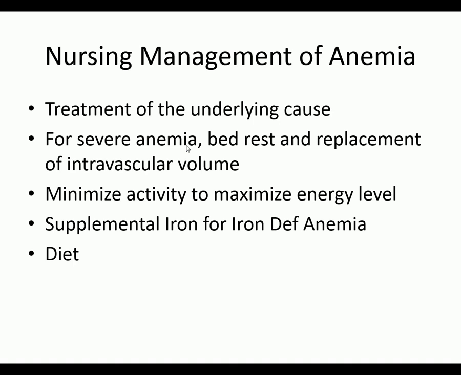Okay? Oral iron, if you're giving that, it should be prescribed in 2 divided doses, and it should be given between meals when there's higher hydrochloric acid in the stomach, because that hydrochloric acid helps to absorb the iron better. Okay?